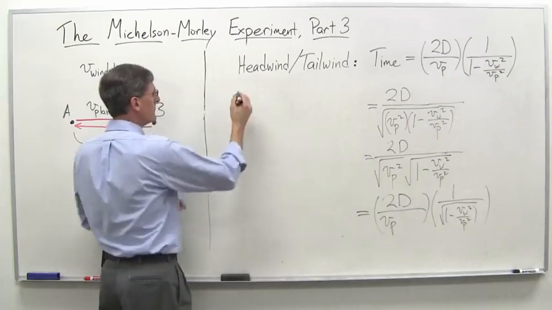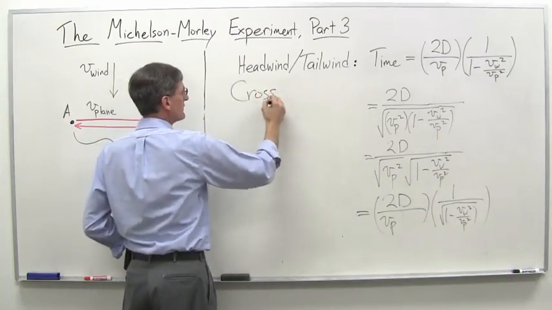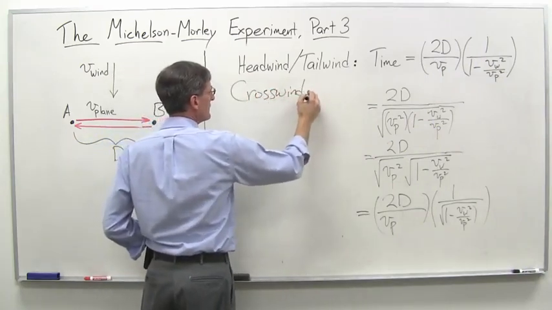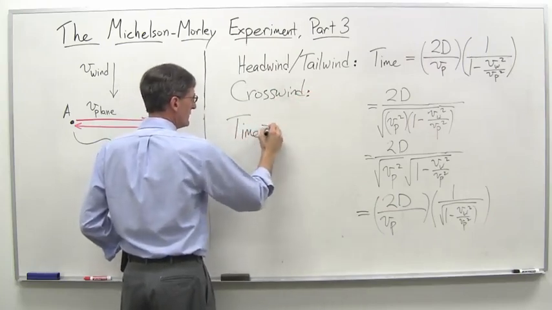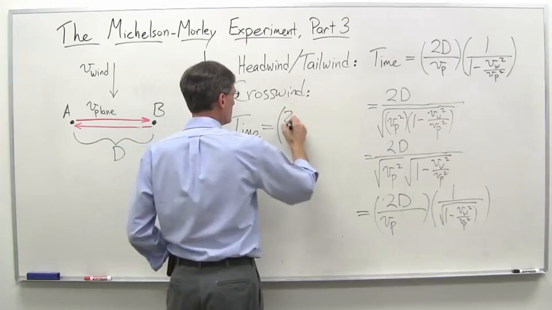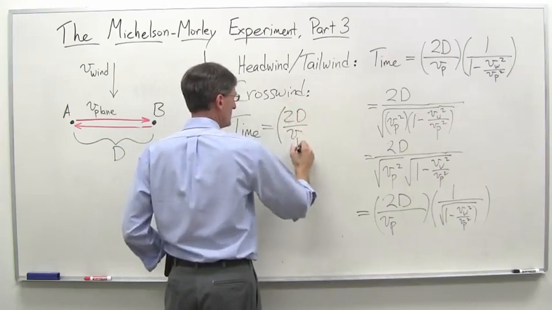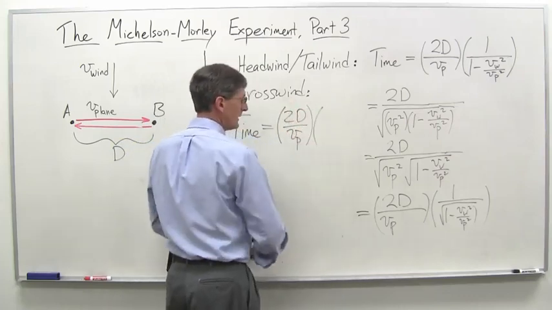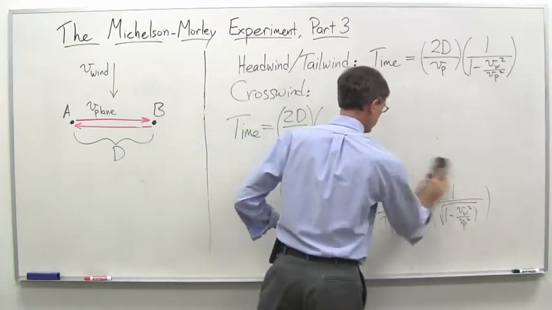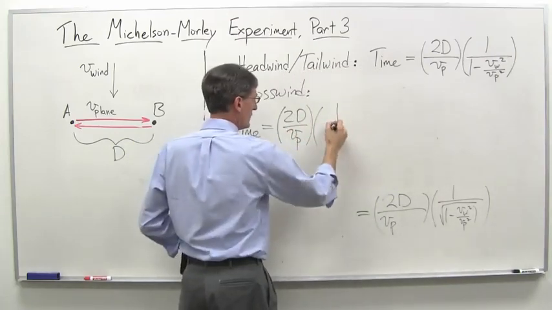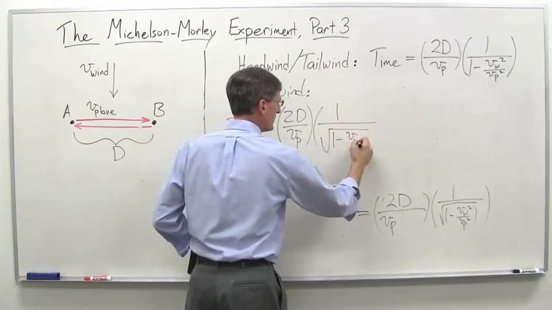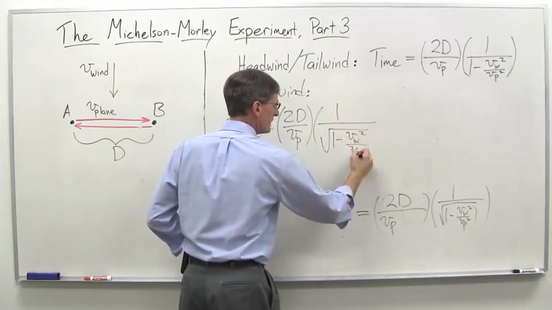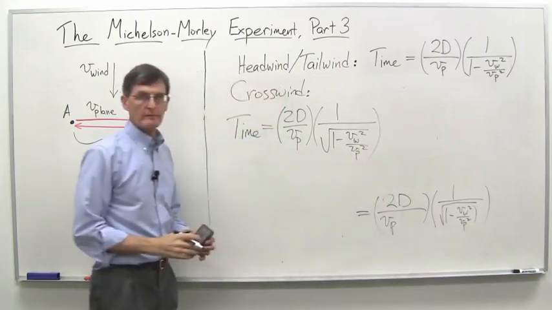So the crosswind case, because that's what we've been working on here, is time equals 2D over Vp times 1 over the square root of 1 minus Vw squared over Vp squared.